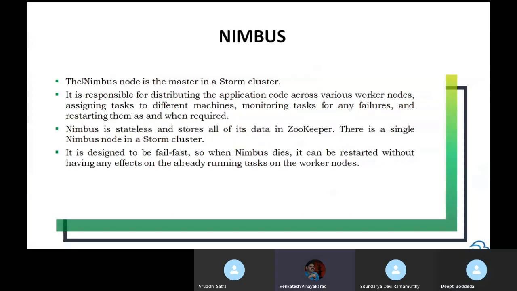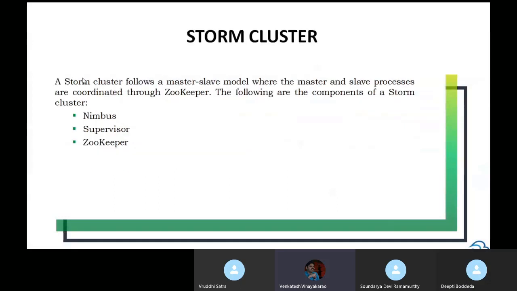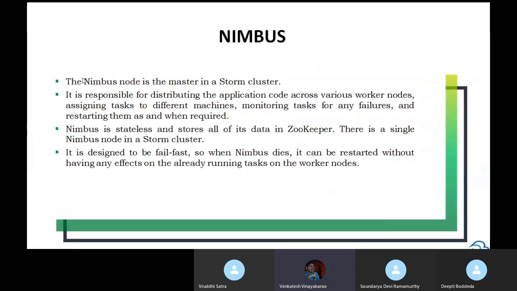Right. So here we again go back and see some similarity between Hadoop and Storm. Nimbus is like the name node, right? So now we have a single point of failure in the name of a master. And when we are designing distributed systems, we hate this idea of having a master. The problem is that if the master goes down, everything goes down, and we don't want that.